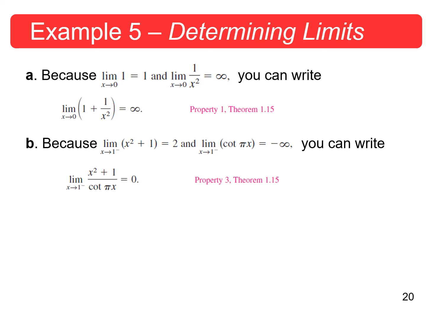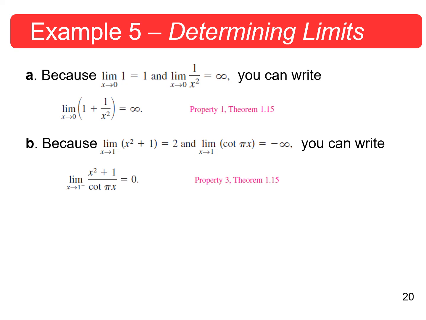Next, let's find the limit of x squared plus 1 as x approaches 1 from the left. This is just equal to 2 using the substitution method. Well, the limit of cotangent of pi x as x approaches 1 from the left is equal to negative infinity.